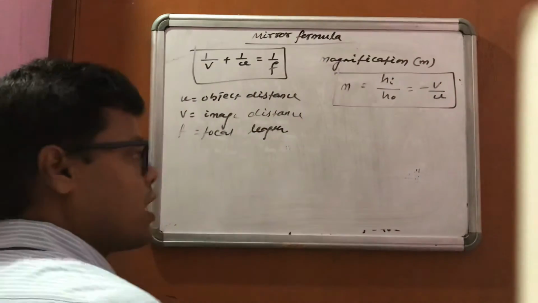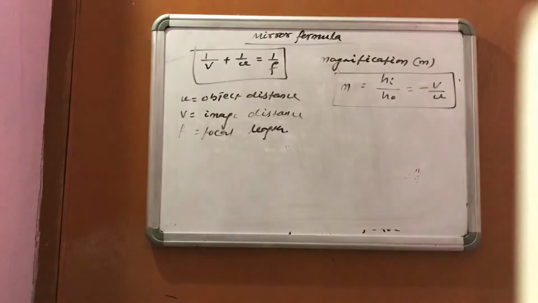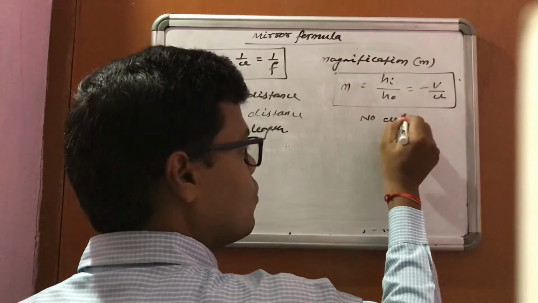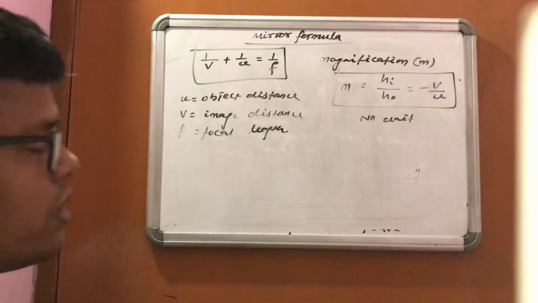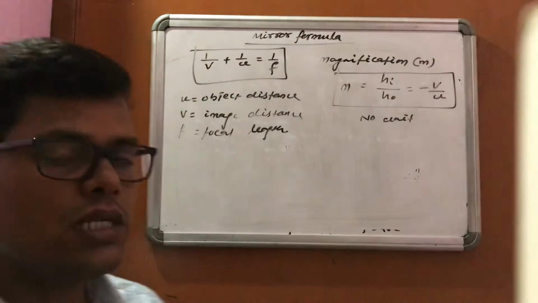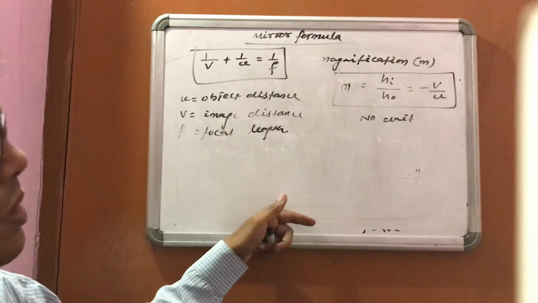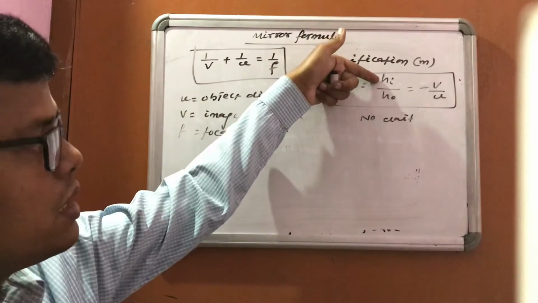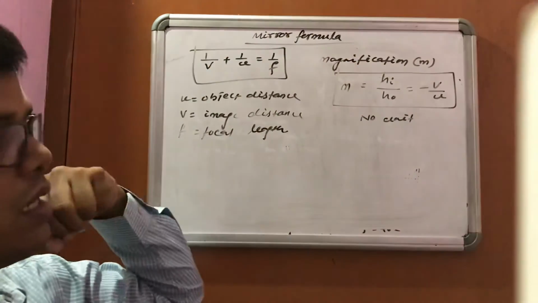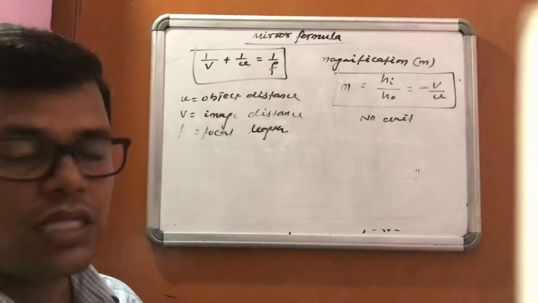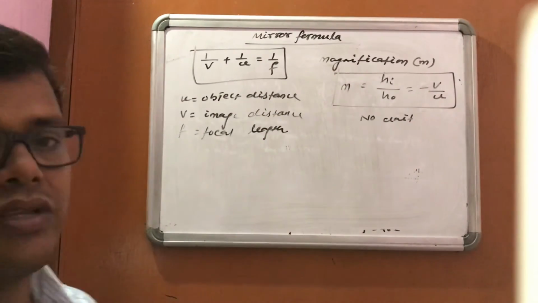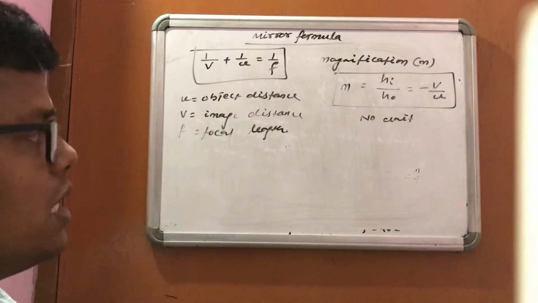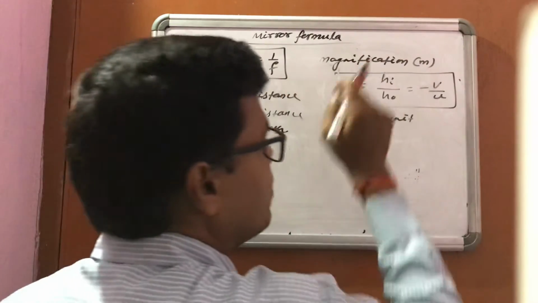You have to remember magnification is minus v by u. It has no unit because it is a simple ratio. So what does magnification represent? Magnification represents how many times the image is greater than the size of the object. That means how magnified the image is. कितना बड़ा image है, बड़ा है या छोटा है, it can be obtained from the magnification.